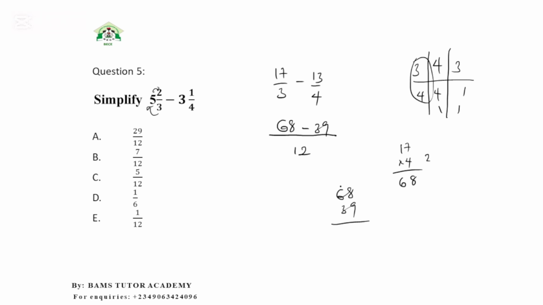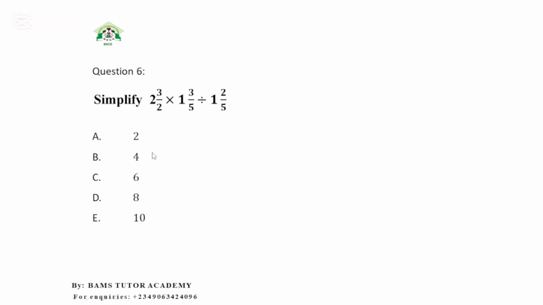That should be 29. So here is 29 over 12. And the corresponding option here is option A. Very easy, right? Okay, it's getting interesting. Let's move to question 6 quickly.